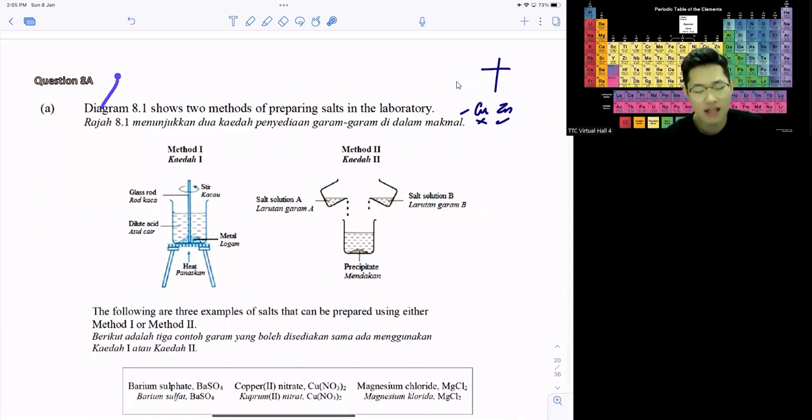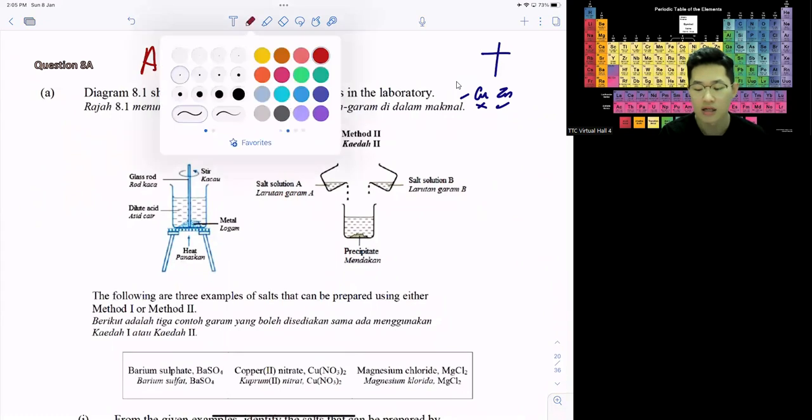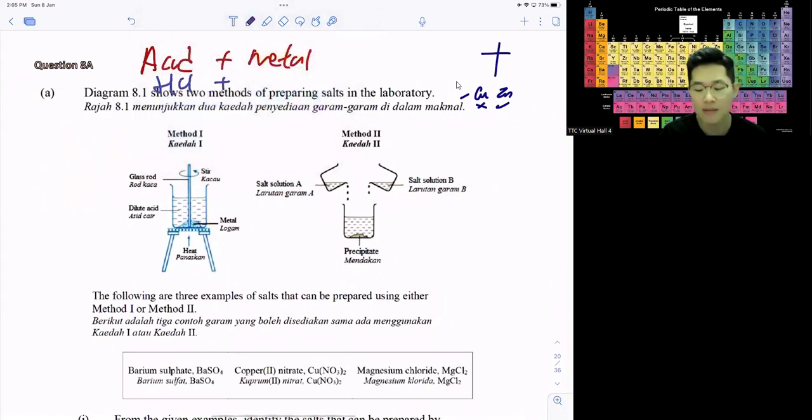Okay, question 8 about salt. From the tips, it says it mostly will be preparation of salt. It is a reaction between acid plus metal, it says. So maybe they will give you HCl plus zinc to get zinc chloride plus H2, something like that.